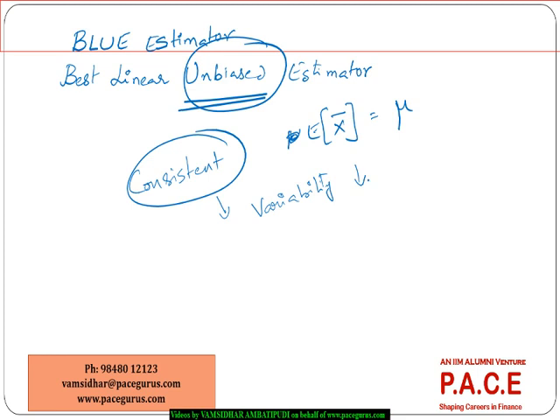That is what will make my estimator more and more reliable and more useful, and that is what will be the choice of the estimator. And this is very much possible if the estimator is linear in nature. That is the reason the estimators we use for estimating the parameters of a distribution, we typically call BLUE estimators, where we are looking at the linear as well as unbiased nature built into them.